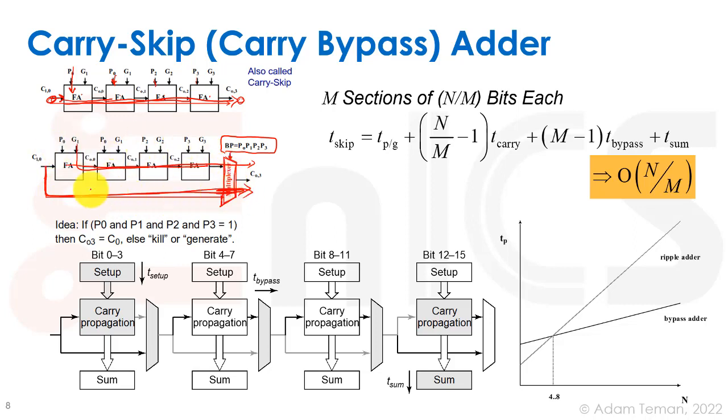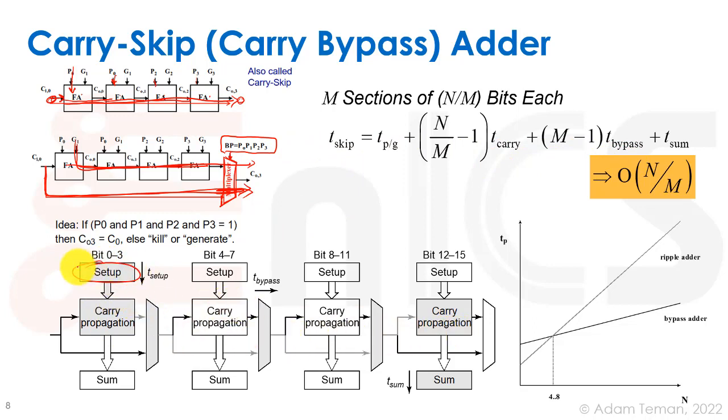And why is that nice? Because these guys are just a function of the propagate and generate, which are available at the beginning, they don't have to wait for the ripple of the carry through the whole circuit, so we can do that in parallel with further down sections. So if we look at the design over here, what we can see here is we do this setup.